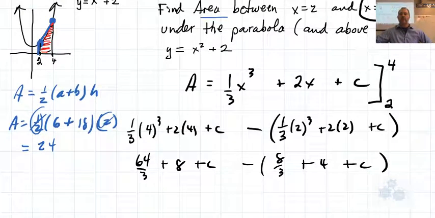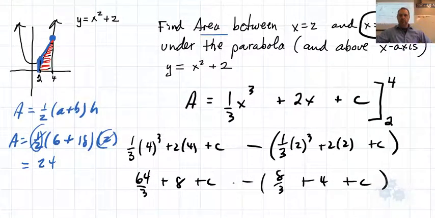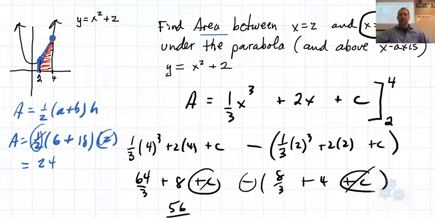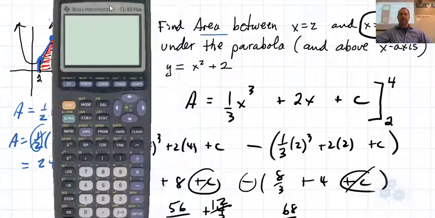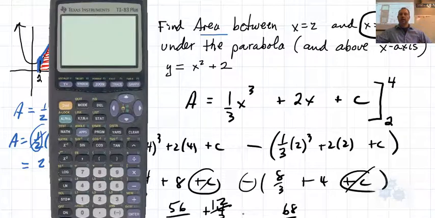If we evaluate this, the c's are gone, c minus c. 64 minus 8 over 3 is 56 over 3. 8 minus 4 is plus 4, and 4 is the same as 12 over 3.